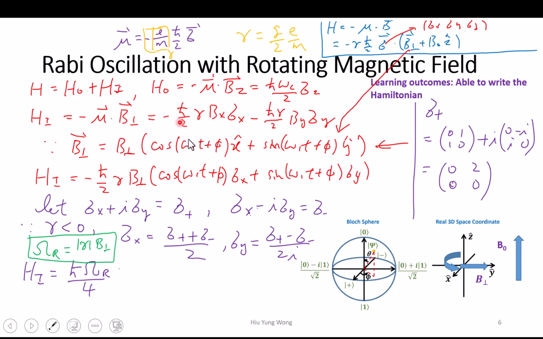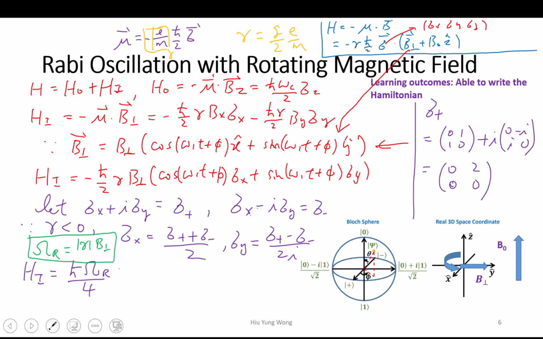Again, the x component times sigma x, and the y component times sigma y. And the x component is what? Cosine(omega 1 t plus phi) times B perpendicular, right? And then the y component is sine(omega 1 t plus phi) times B perpendicular, right? And this h bar divided by 2 omega is because of this term, right? Okay, so we come up with this.